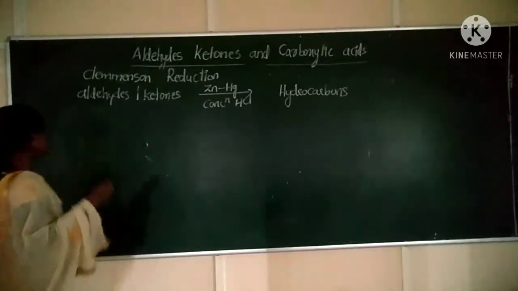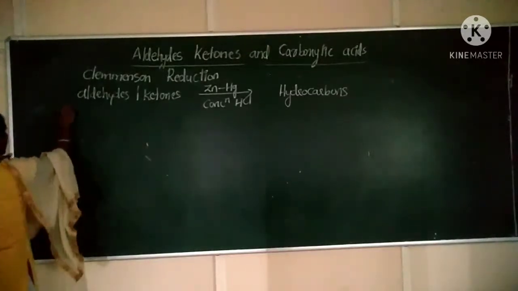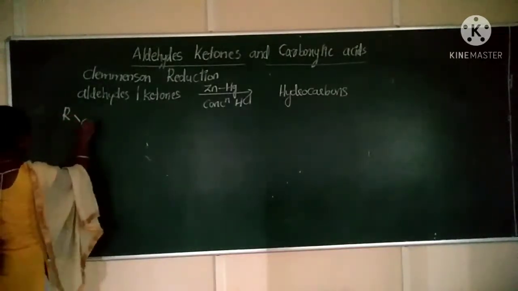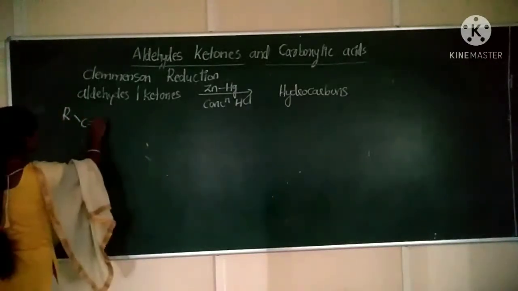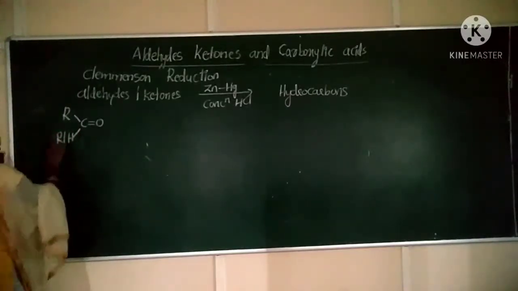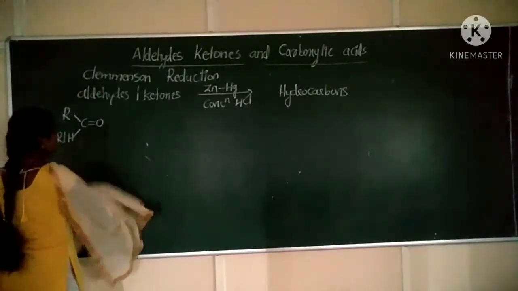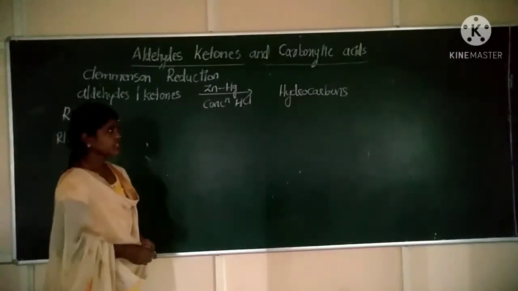Now write the reaction. R C double bond O. Take aldehyde or ketone, general reaction. Take aldehyde or ketone. Reacts with what? Zinc amalgam and concentrated HCl.